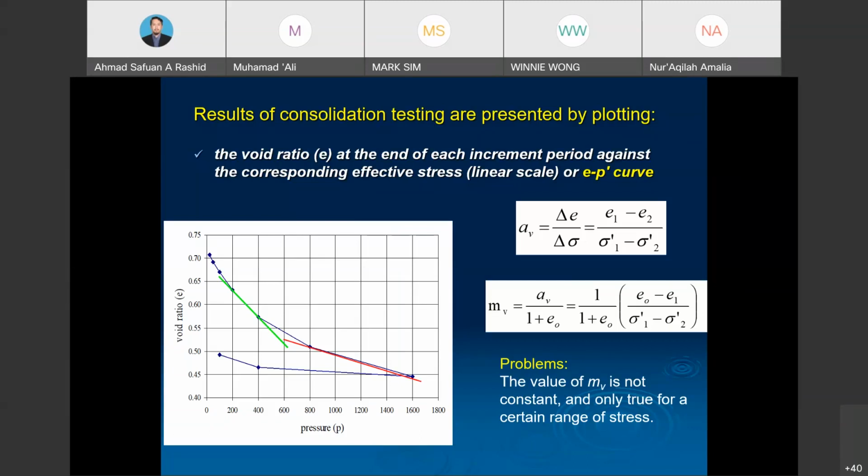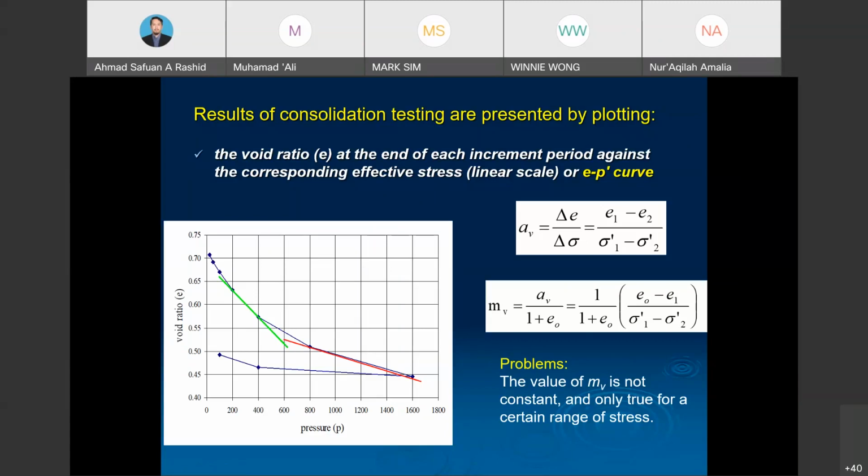So when we want to determine the settlement, we need to identify the value of the pressure. Let's say the pressure is around 1000, so we may use the second mv value, because it is in the range between 600 and 1600. So that is the procedure to calculate the mv value.